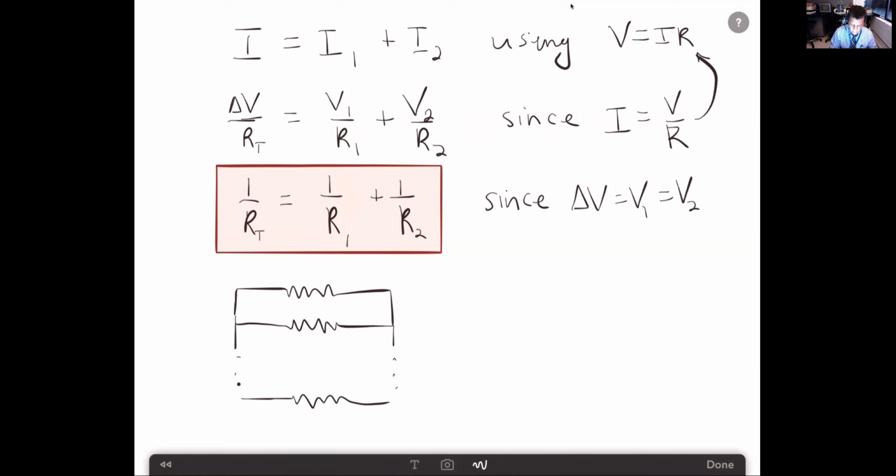I can say that this is R1, R2, Rn, and now I can find the total resistance mathematically by writing this equation. Okay, so that'll work for all resistors like this. And this is what we're going to put into our calculator.